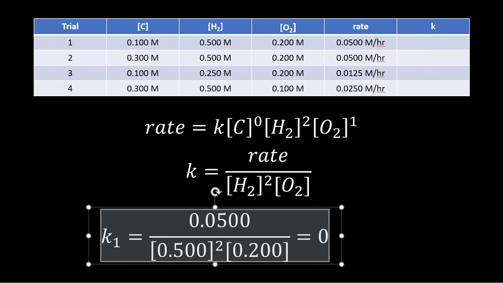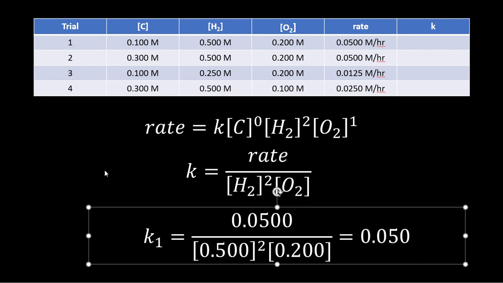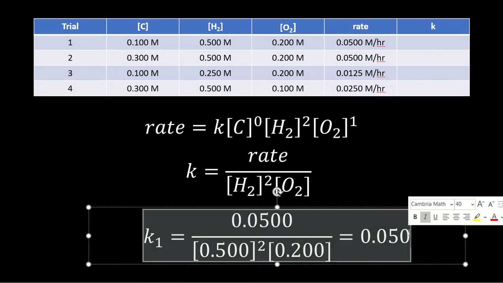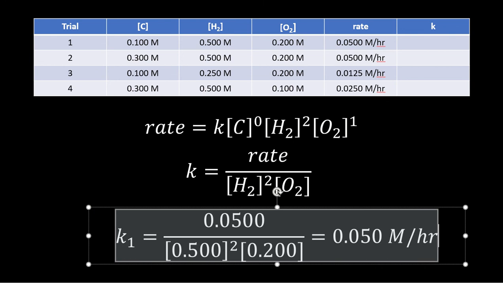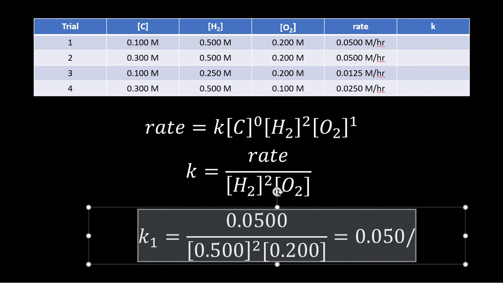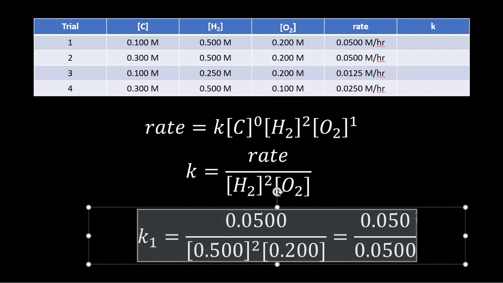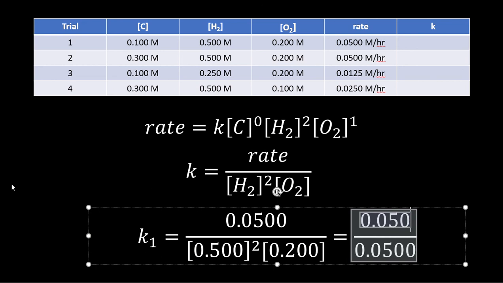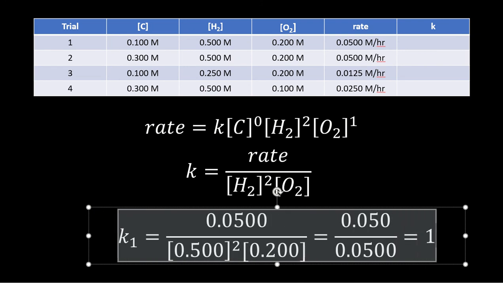Let's see. 0.050 molars per hour divided by 0.0500. And to keep all the units the same, that will just end up equaling a value of 1.